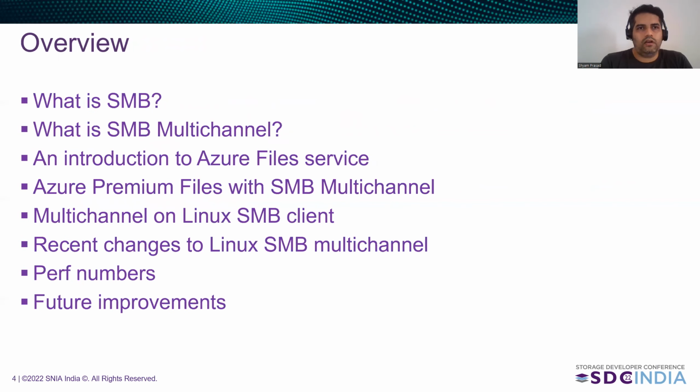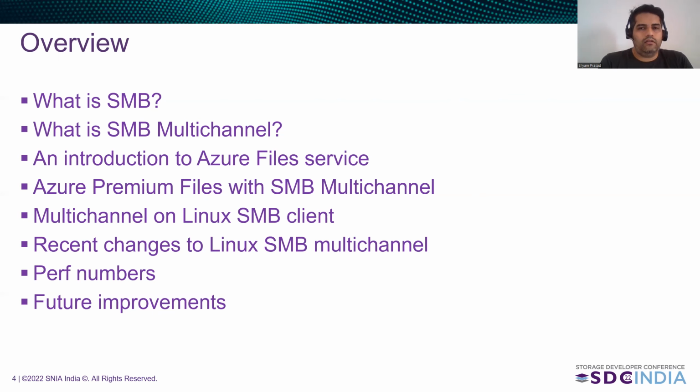Okay, here's a high-level overview of what we're going to cover today. We're going to start with the basics of what is SMB and what is SMB multi-channel, and then we are going to introduce the Azure Files service for people who may not be aware, and then the Azure Files premium offering called Azure Premium Files, and how SMB multi-channel can be used with premium files.